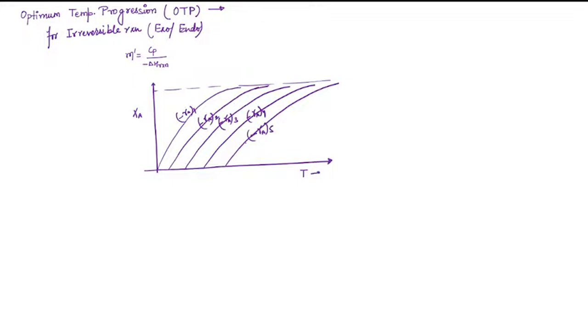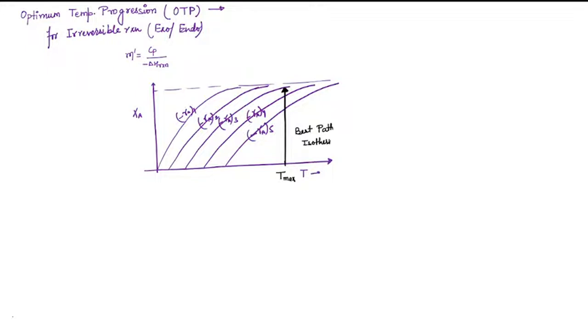So sir, what will be the best path? The feed temperature should start from the maximum value, and throughout the reactor I will move along this path, meaning inside the reactor we will maintain this temperature, that is the T max temperature. That is the best path. I will maintain it as isothermal.